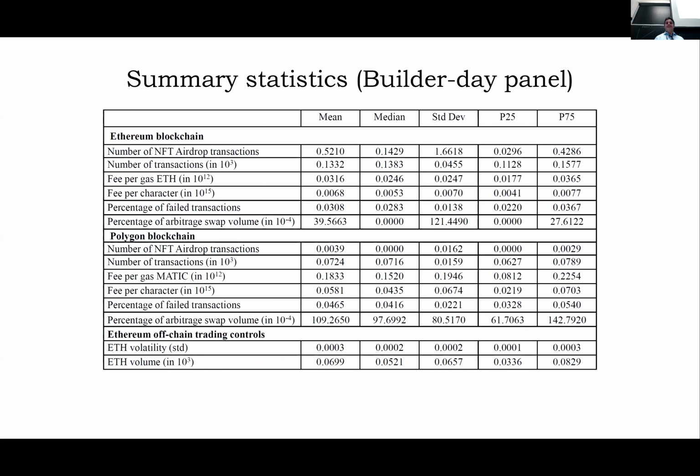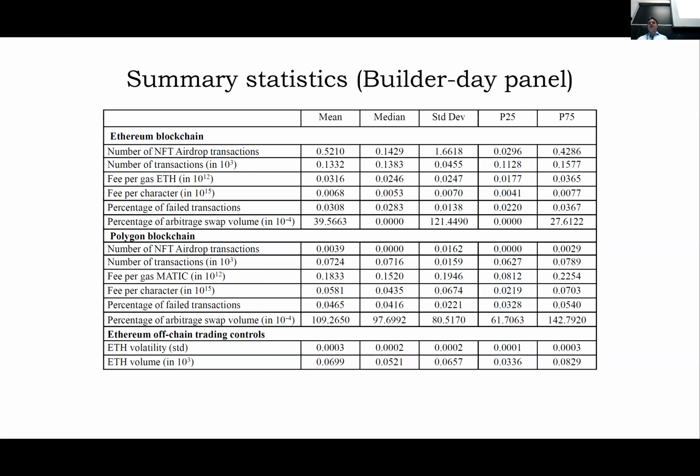And these are summary statistics of the data, computed at the level of builder and day. So in the builder-day panel, we look at the mean and the median. This is the average number of transactions per day by a builder.